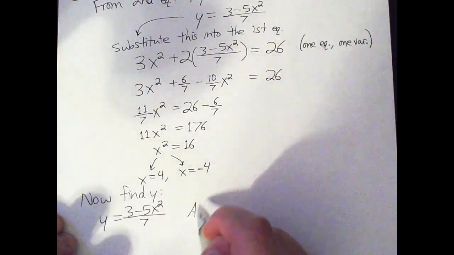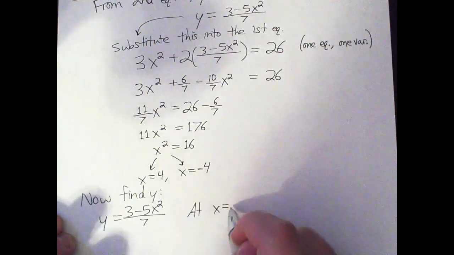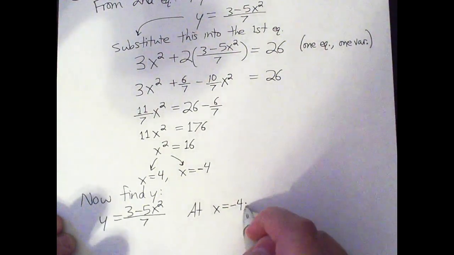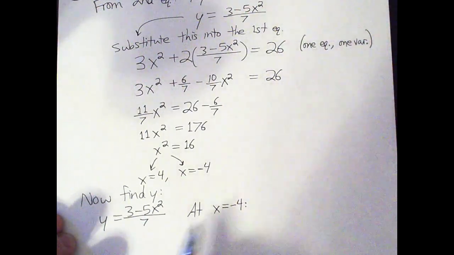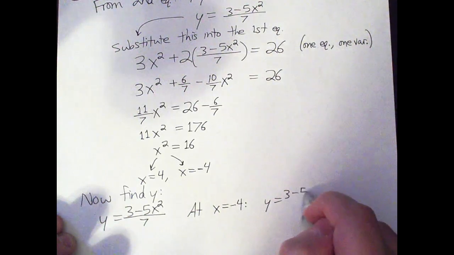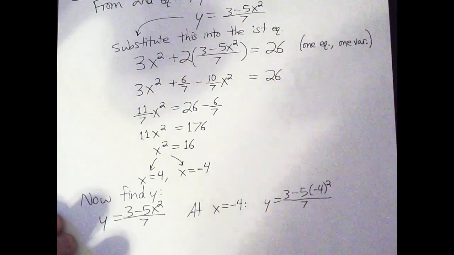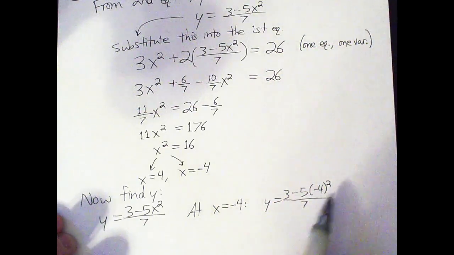And at x equals 4 and x equals negative 4, we need to solve both of them. So when x is negative 4, you can solve this.